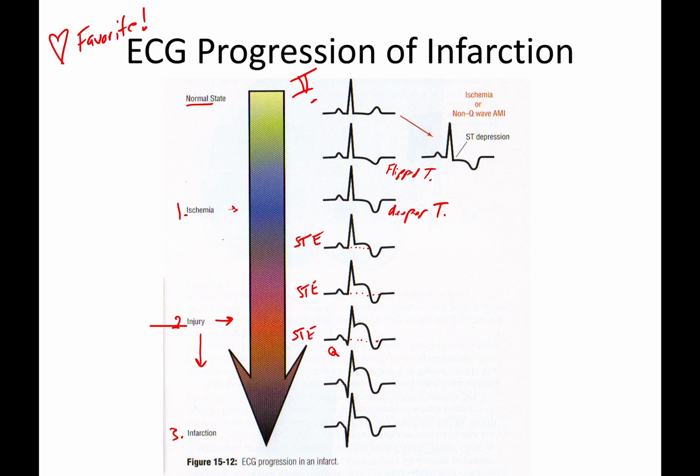That Q wave begins to get larger rather than your ST elevation becoming bigger. It's that trade-off: as the tissue dies, rather than becoming more elevated, it just becomes neutral tissue instead. And so you wind up with this large and pathological Q wave when you finally reach that infarction zone.